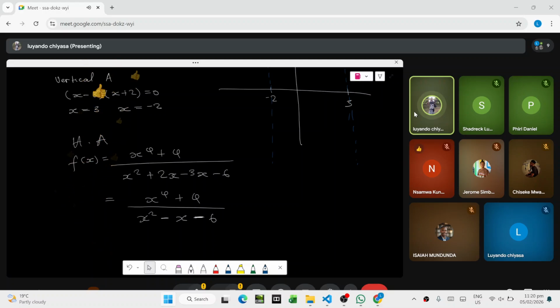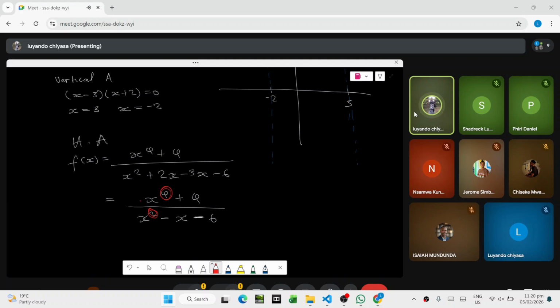I just want to demonstrate the type of asymptotes that we have here. We know that when the powers are equal, your asymptote is just going to be the division of the coefficients.